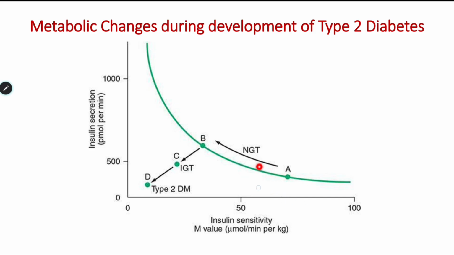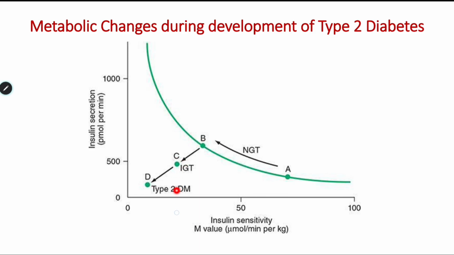there is this point somewhere where insulin sensitivity goes on decreasing, but insulin secretion does not increase in the same proportion. In fact, insulin secretion decreases because the beta cells are now exhausted. Then at point C there is impaired glucose tolerance before development of overt diabetes, where there is insulin resistance, or decreased insulin sensitivity, and also decreased insulin secretion.